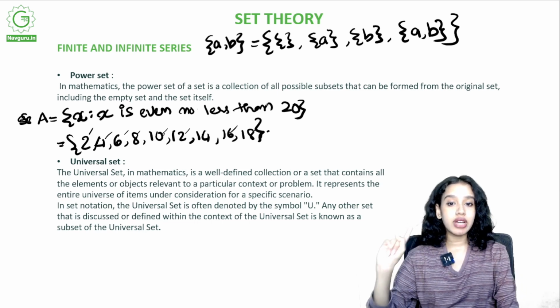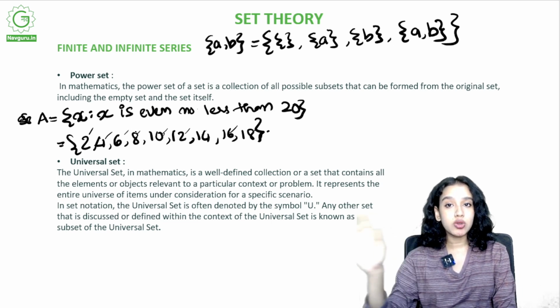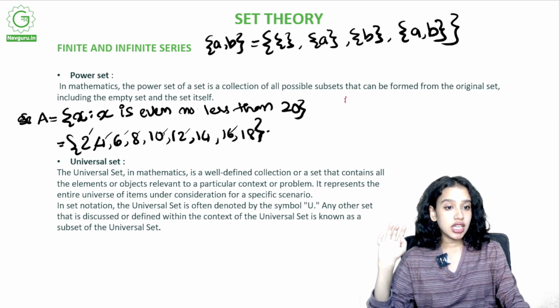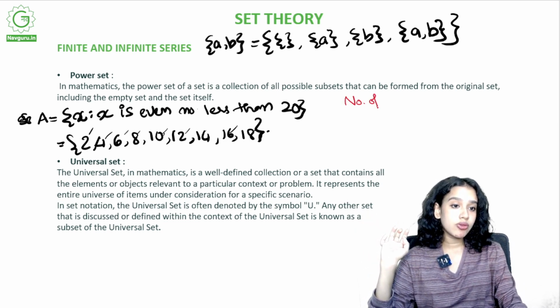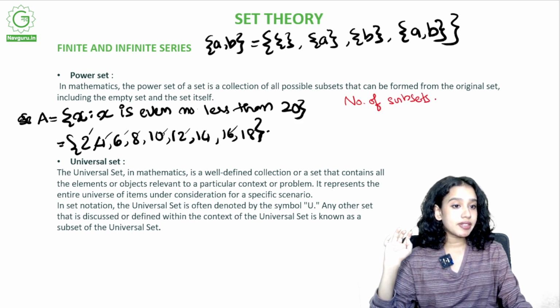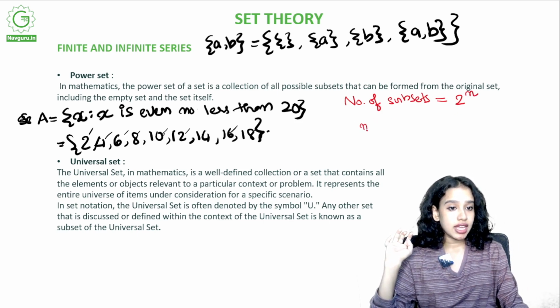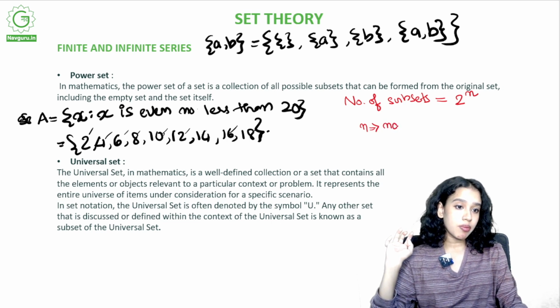So we have to find the number of subsets this set could produce, right? There's an equation for the number of subsets. Basically the number of subsets is equal to 2 raised to n, where n is the number of elements in the set.